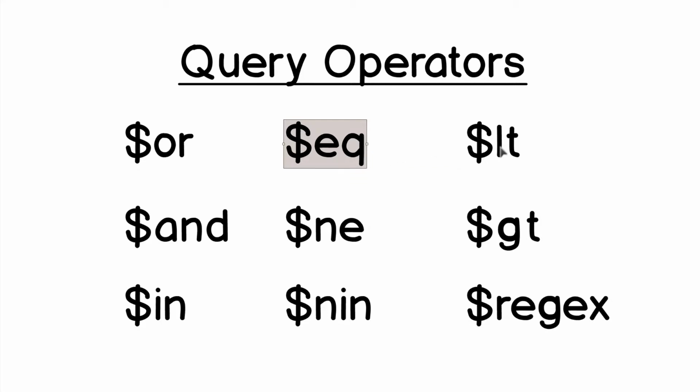For example, the less than operator is used when you want to find all documents with a certain value of the field that is less than a specified value, or greater than a specified value. AND is used when you want to pass several conditions and only documents that match all conditions will be returned. If you use the OR operator, then documents that match any of the conditions will be returned back.